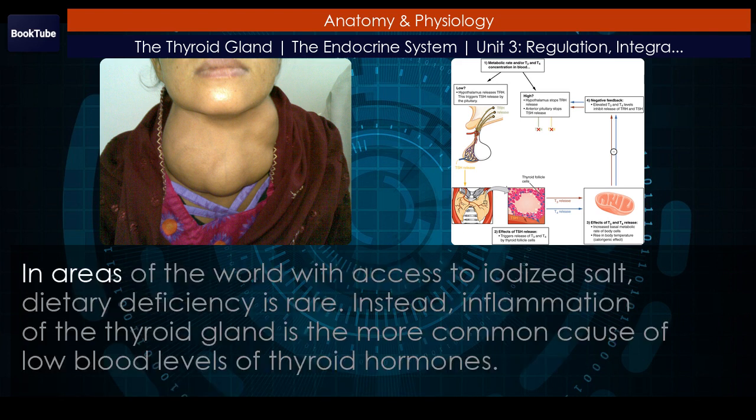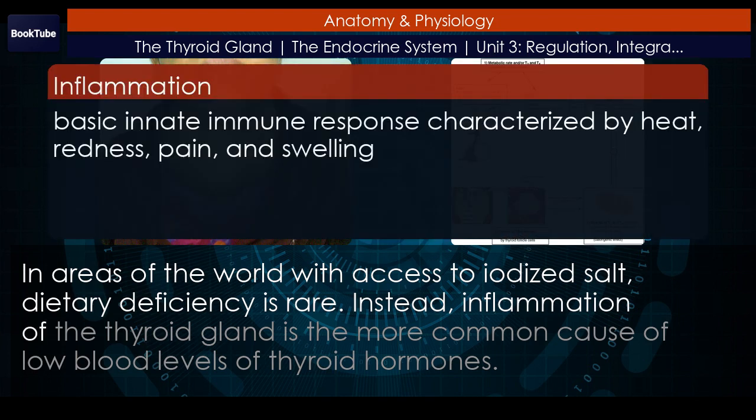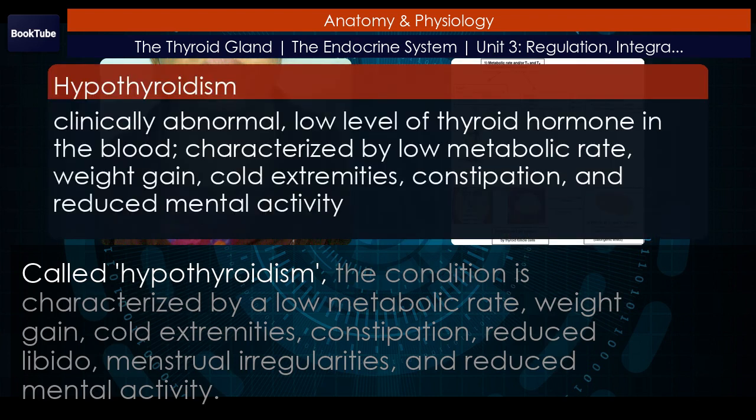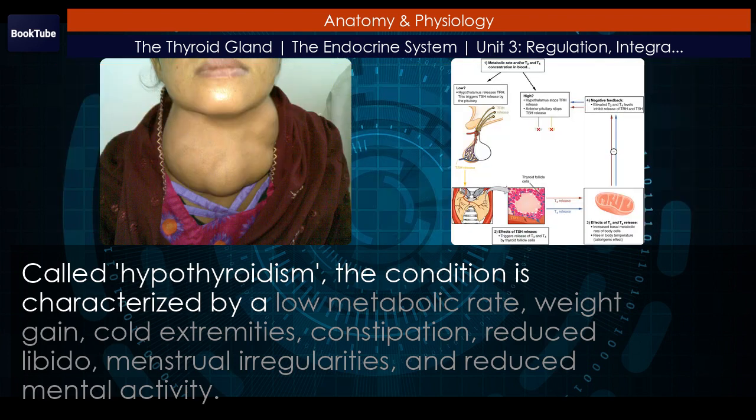In areas of the world with access to iodized salt, dietary deficiency is rare. Instead, inflammation of the thyroid gland is the more common cause of low blood levels of thyroid hormones. Called hypothyroidism, the condition is characterized by a low metabolic rate, weight gain, cold extremities, constipation, reduced libido, menstrual irregularities, and reduced mental activity.